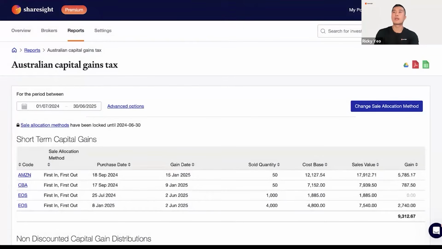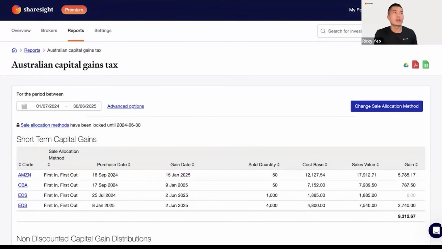Okay, so this one, how can you adjust the sell type for a holding if it was a specific parcel that was sold? I believe you're talking about how do you pick specific parcels.